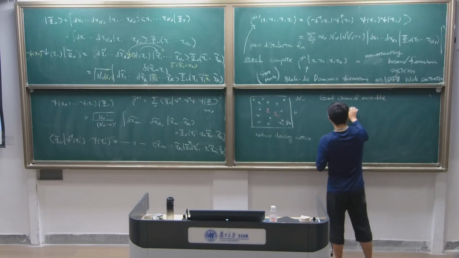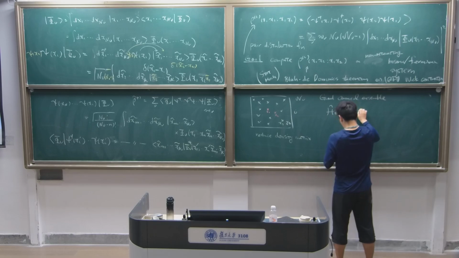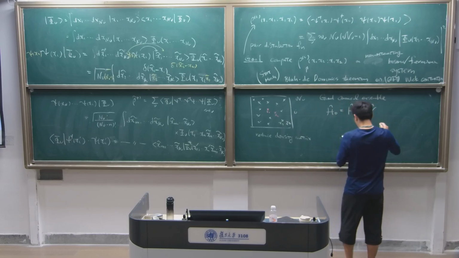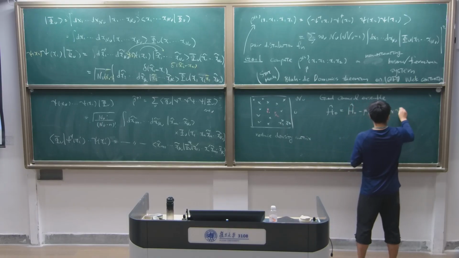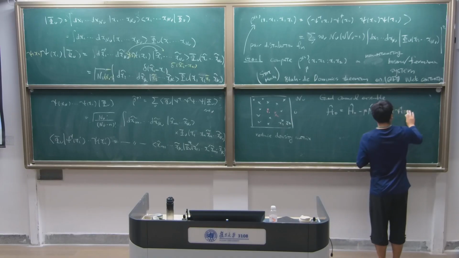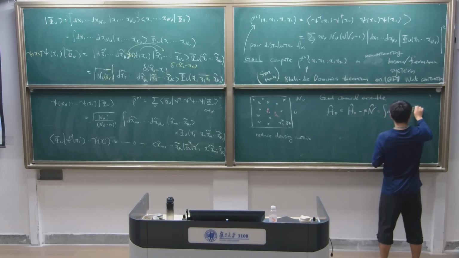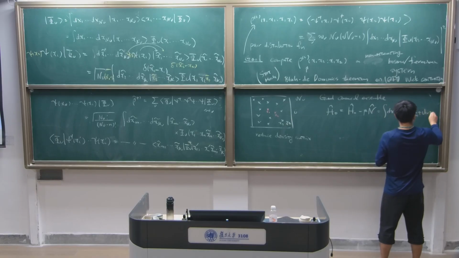So the curly H hat is H0 hat minus mu N hat, which is given by the sum over x of the kinetic term minus h-bar squared over 2m, plus u of r, minus mu, times psi of x.